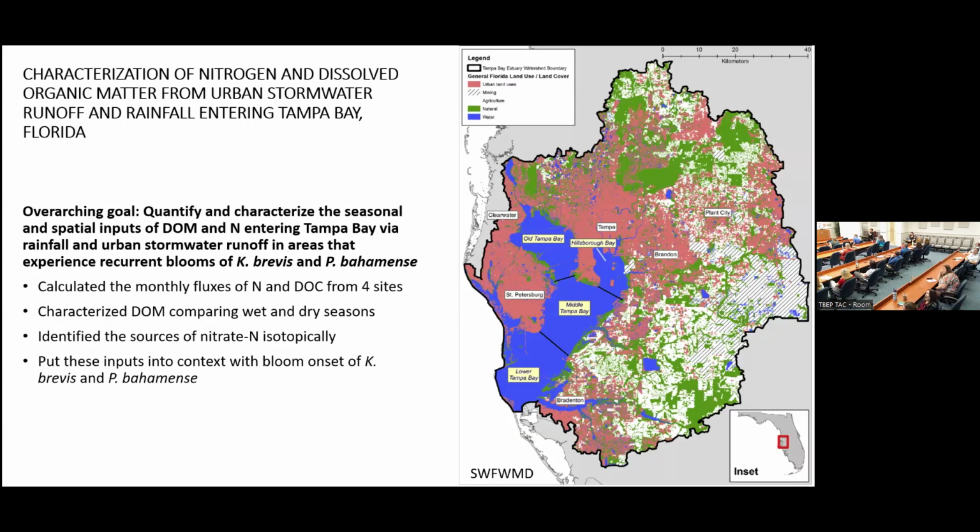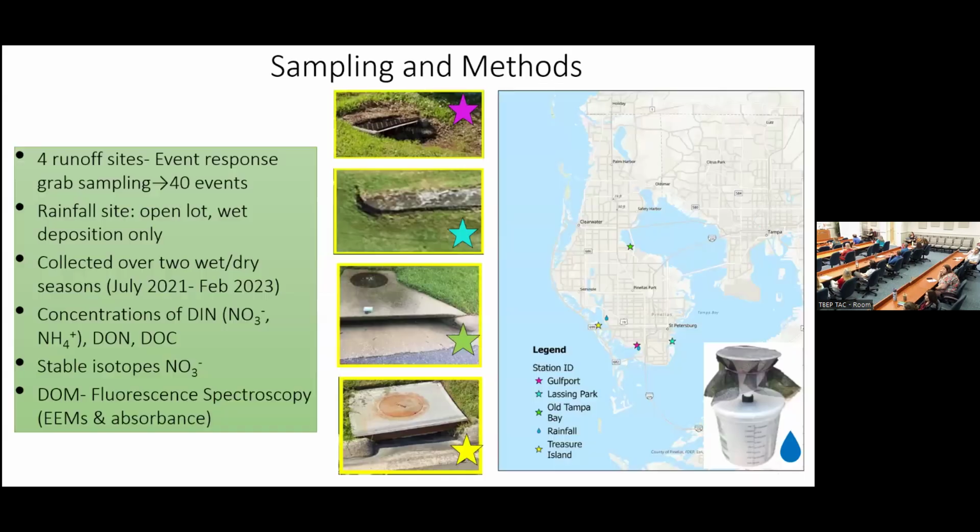So we were able to calculate the monthly fluxes of nitrogen and DOC from each site. We wanted a monthly time step instead of annual to see when the greatest fluxes into the bay would be. And we characterized the DOM again, comparing wet and dry seasons. We also did some isotope work with nitrate stable isotopes, and again, put these in context with HABs.